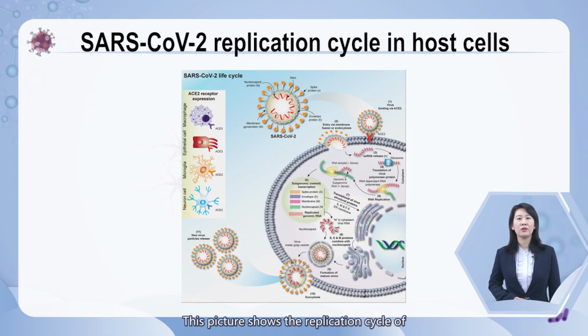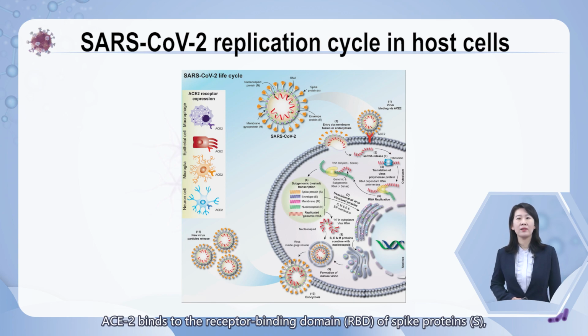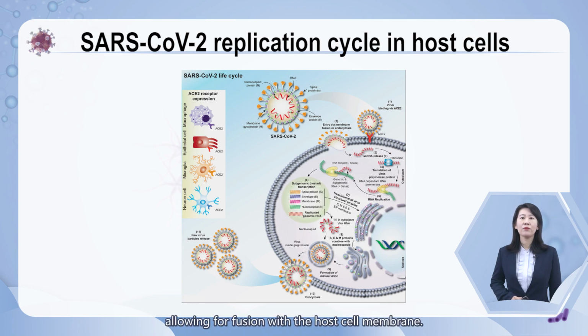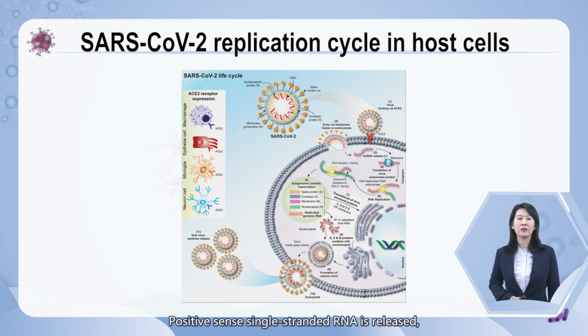This picture shows the replication cycle of SARS coronavirus 2 in virus-susceptible host cells. ACE2 binds to the receptor binding domain of the spike proteins, allowing for fusion with the host cell membrane. Positive single-stranded RNA is released, partially translated into SARS coronavirus 2 polymerase protein and transcribed.